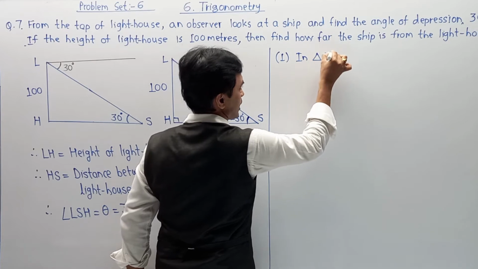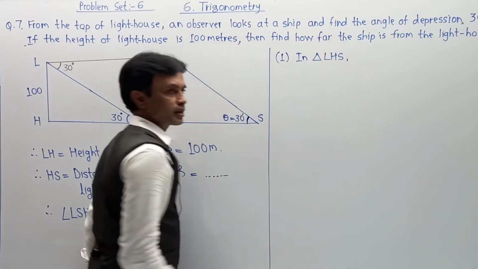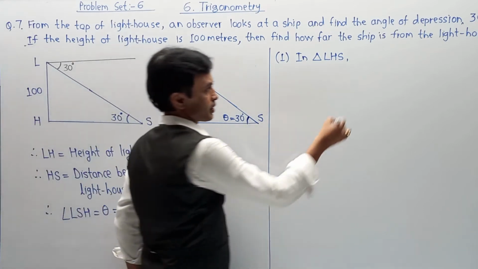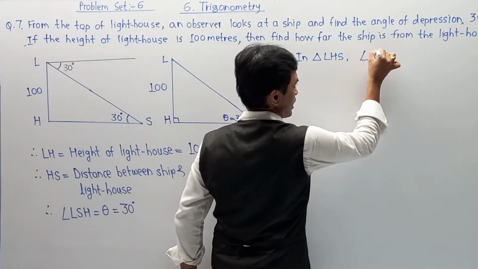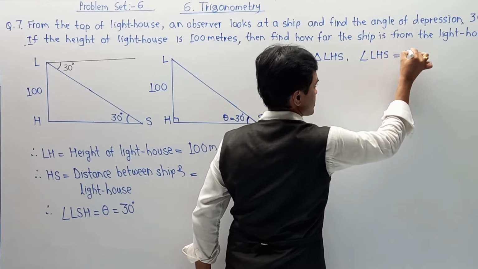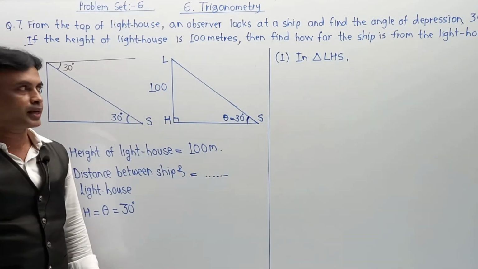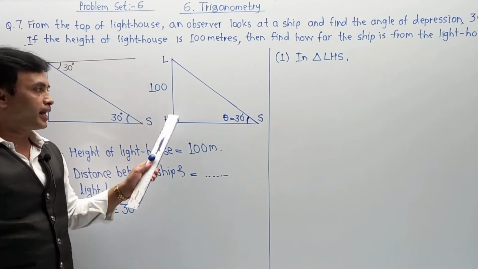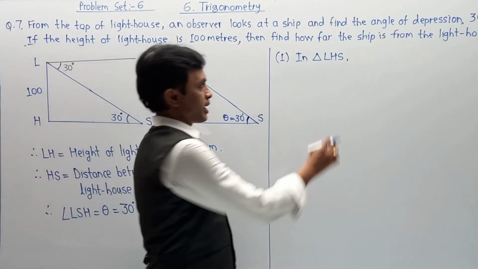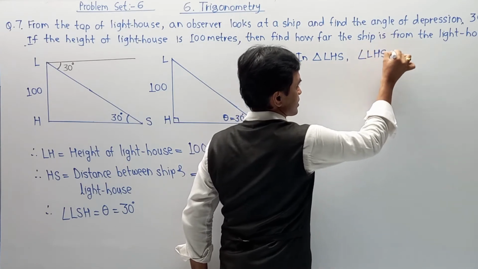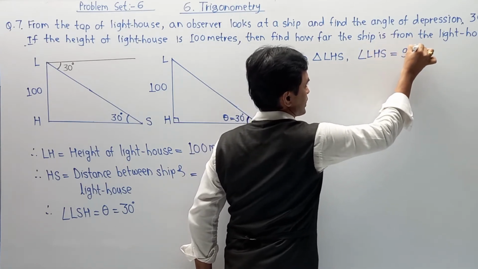In triangle LHS, first, angle LSH is equal to 30 degrees. Now here angle LHS is equal to 90 degrees.